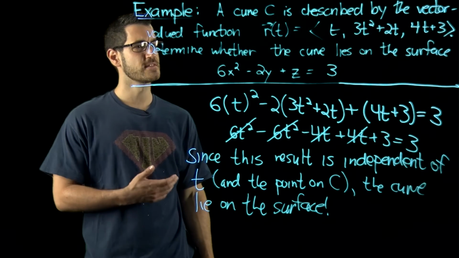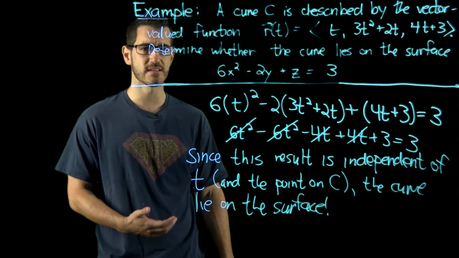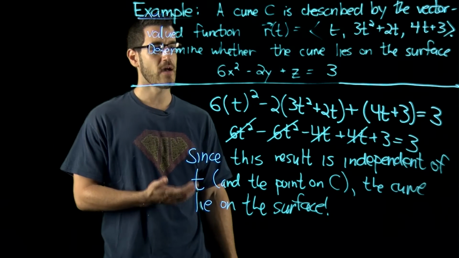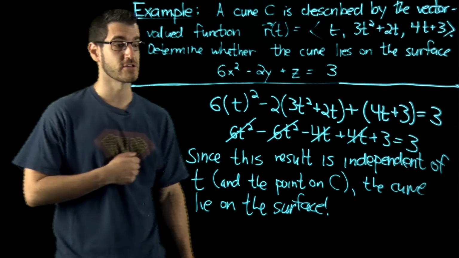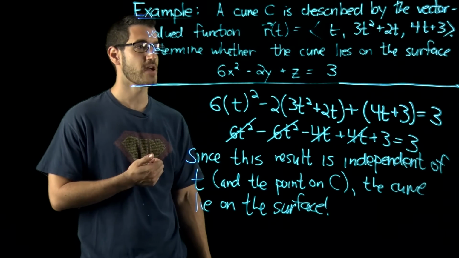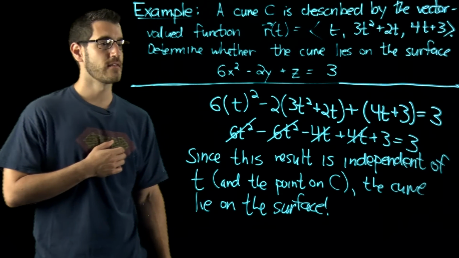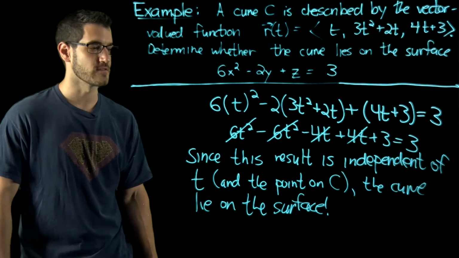It sort of reinforces this idea that when you're given a position function, you're always given x, y, and z. And when you have a surface, you have an additional relationship between them. To check if this curve lies on the surface, we just have to check for every t, and hence for every point on the curve, that the point also lies on the surface.